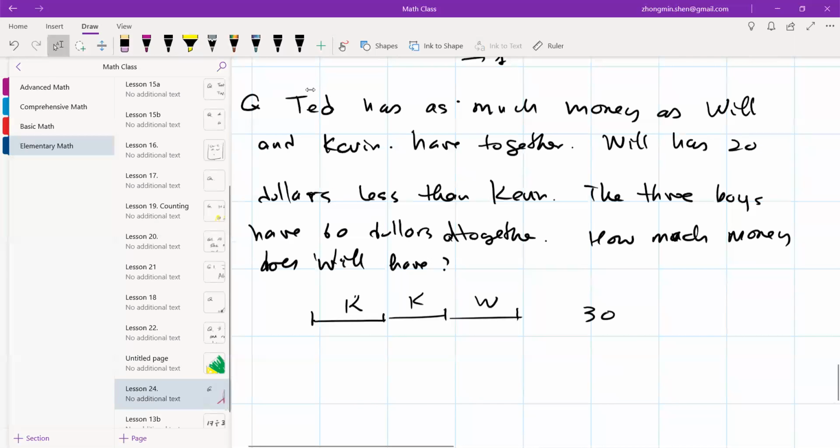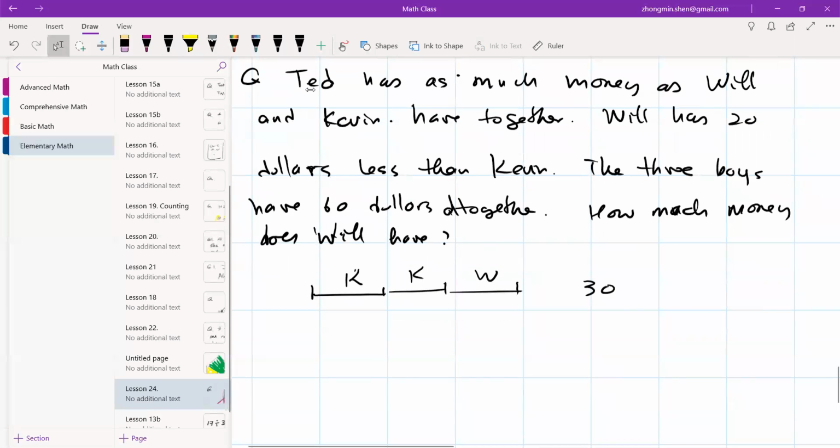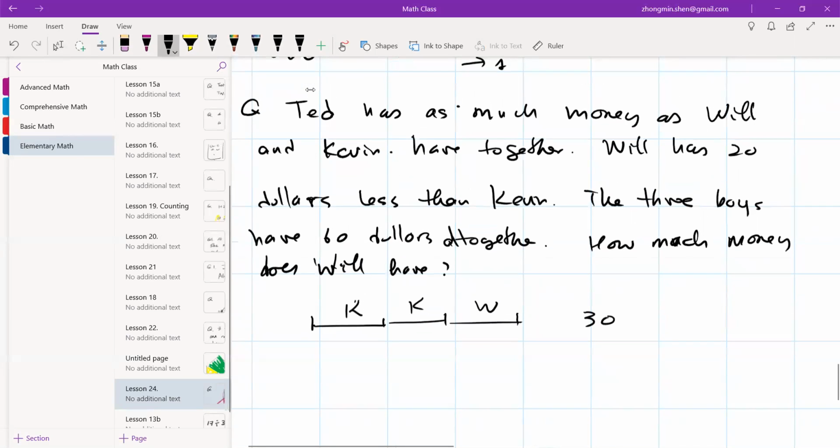Yeah, let's try to see the setup. Okay, if you want to solve using equations, this is what you do. Let you denote, and then I draw the picture for you.